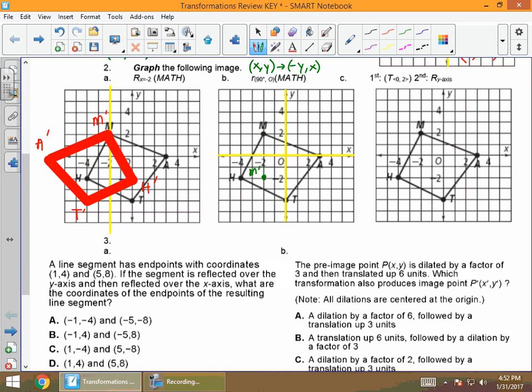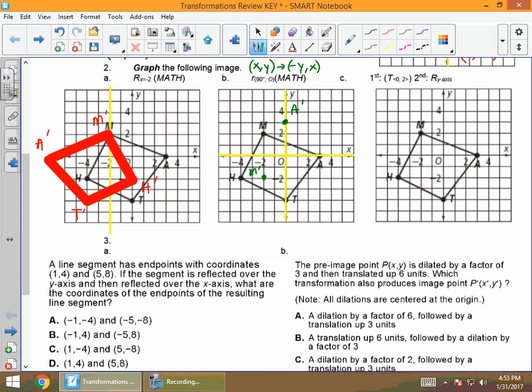So that means it's at negative 3, 0. I'm sorry. It was at 3, 0. It should be at 0, 3. Should be at 0, 3 for the new A.